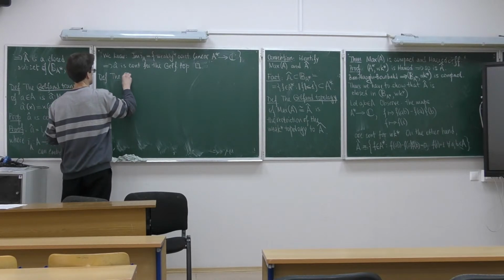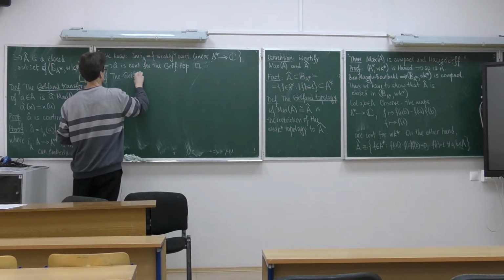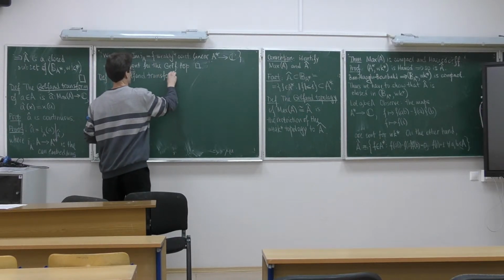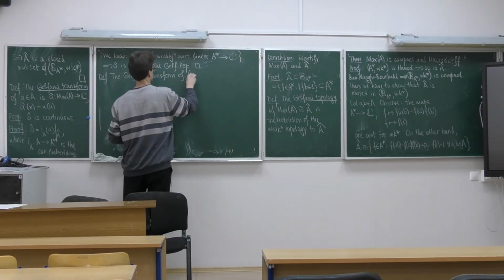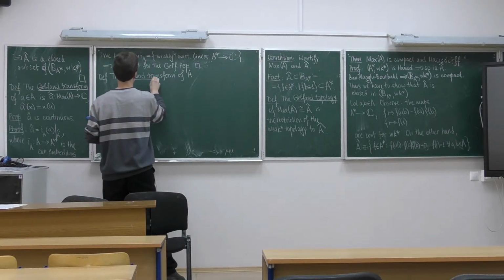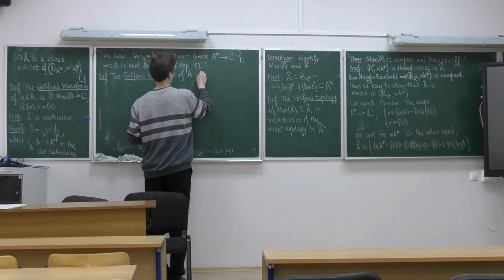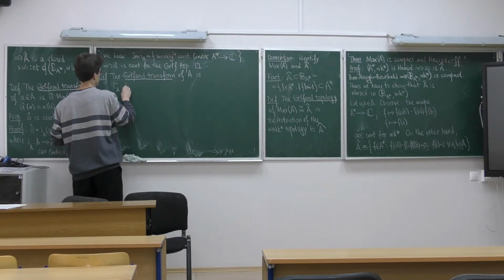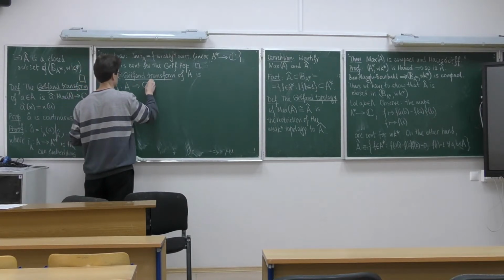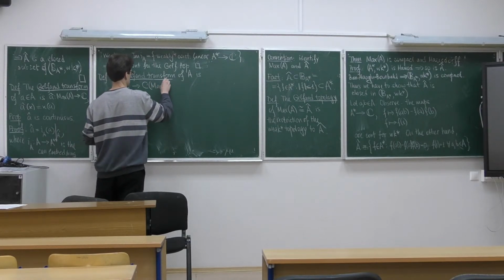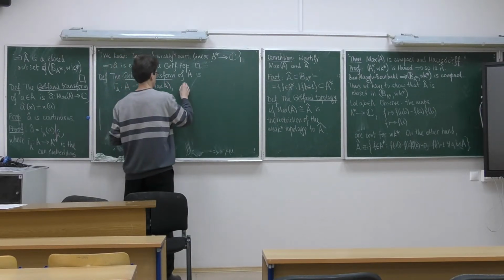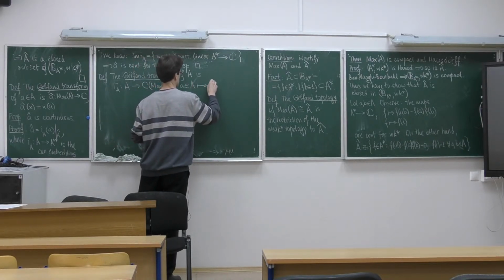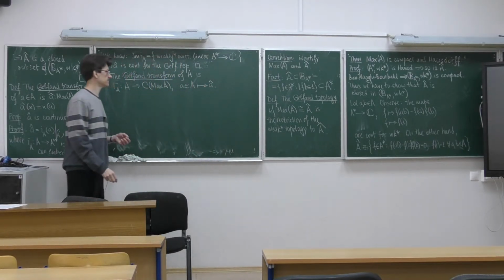The Gelfand transform of A is the map gamma A, from A to the algebra of continuous functions on the maximal spectrum, which takes each element little a to the function a hat.